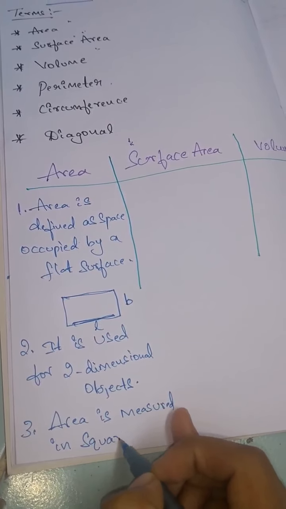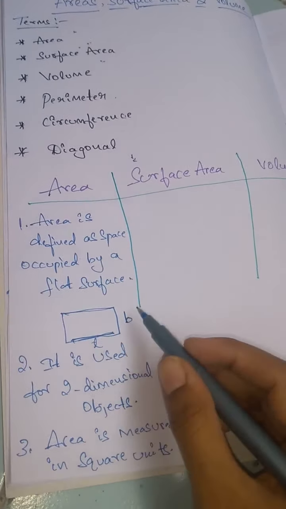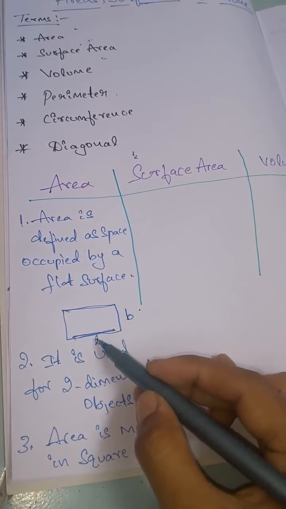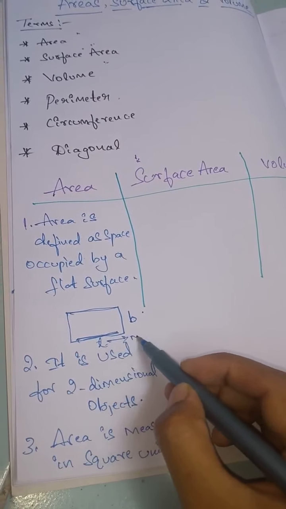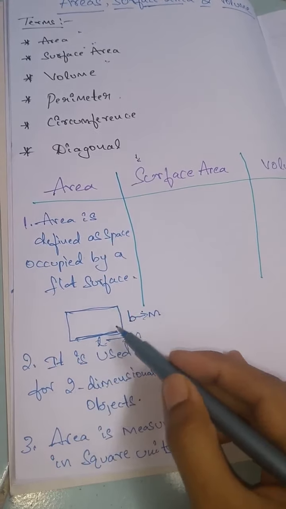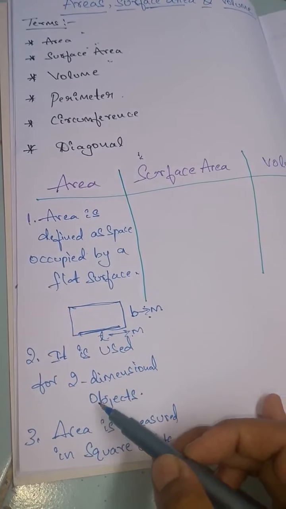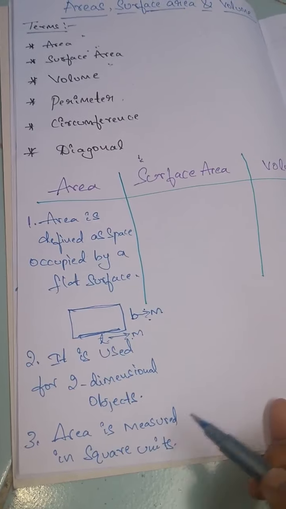Means L into B. Length is in meters, breadth is in meters. So the area of this flat surface becomes meter into meter, meter square. So that we call area is measured in square units.